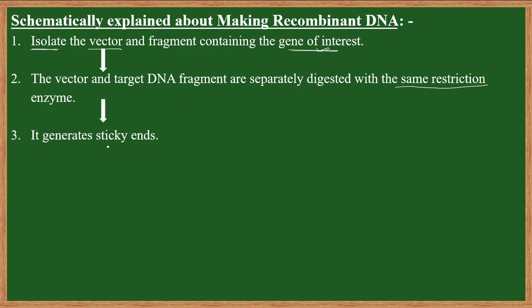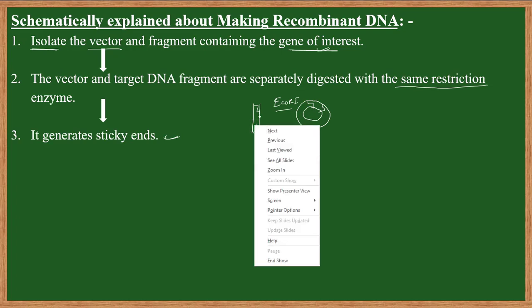Next is generating sticky ends. Suppose this is the DNA fragment containing the gene of interest, and this is the vector. When we use EcoR1, a restriction endonuclease, there is a sticky cut here and also a sticky cut here.